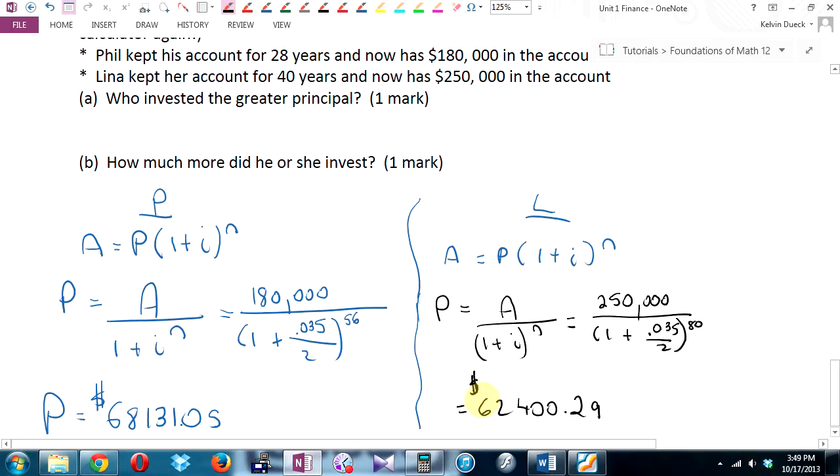Part A says, who invested the greater principal? All it says is who invested the greater principal. What's bigger? Phil? That's all part A is asking. Part B is saying how much more did he or she invest. For part B, I would subtract bigger minus smaller.